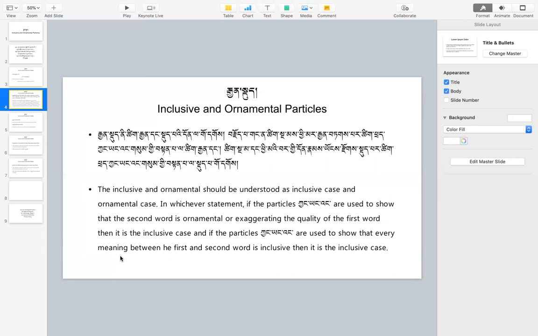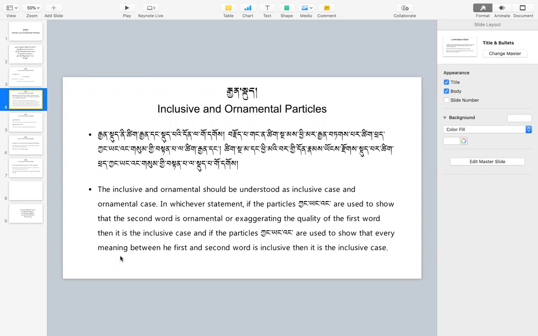So therefore, it's a statement in which there are two ornamental words, and in both of these ornamental words there is a certain type of description. But the second ornamental word takes the description of the first ornamental word and exaggerates it. So that type of statement, in which the second word ornaments or exaggerates the quality of the first word, such a type of usage case is known as inclusive case.